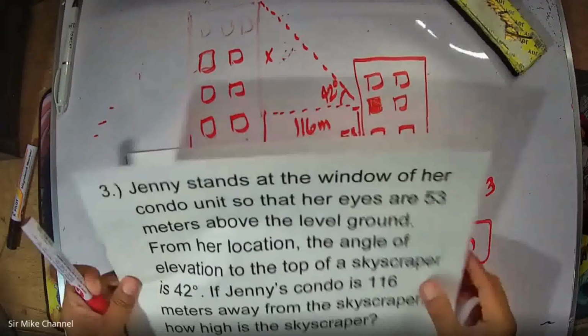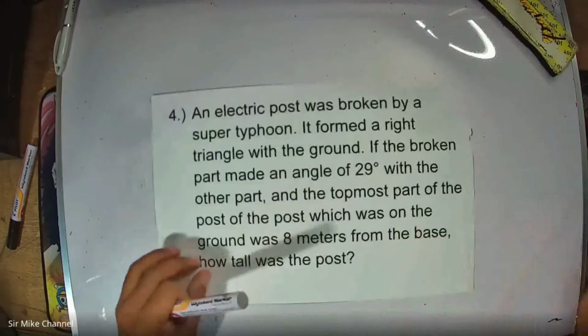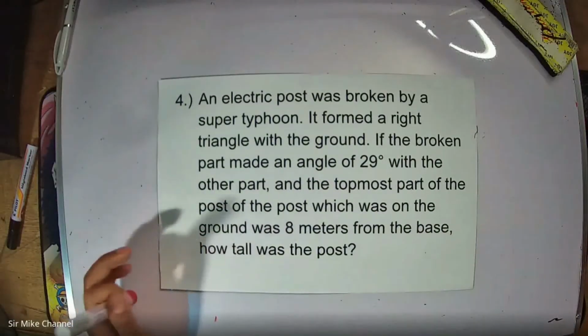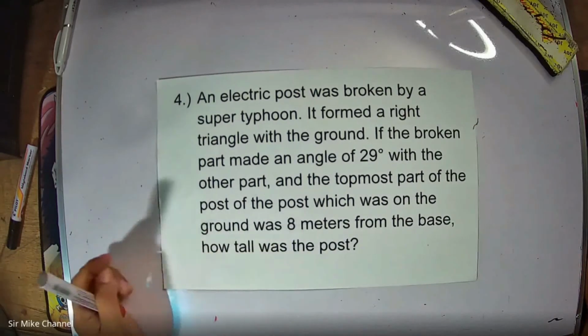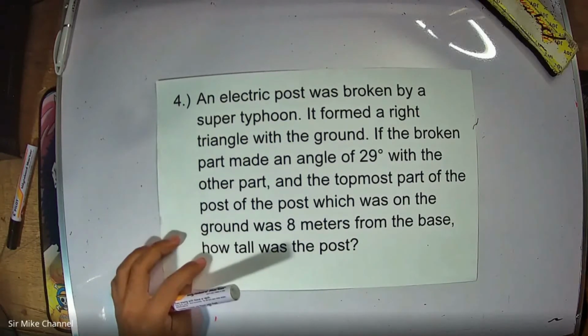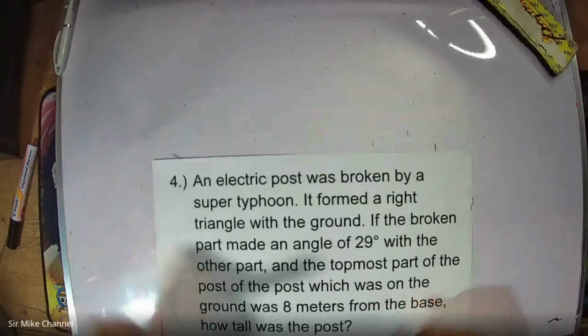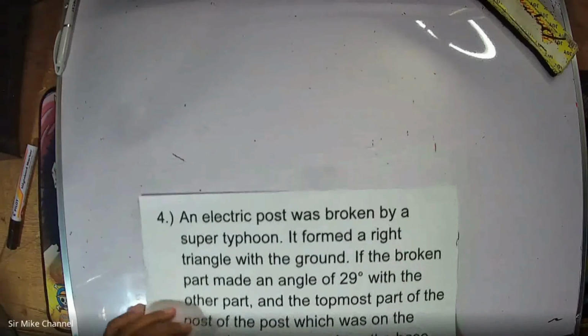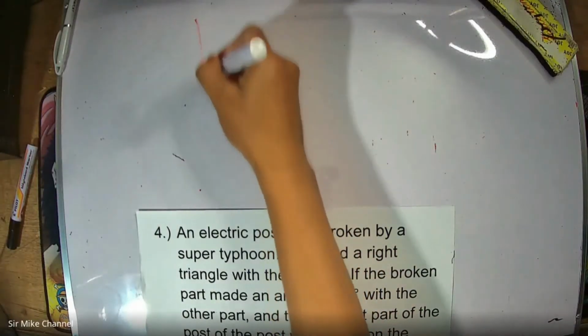Next, okay, last example, number 4. Okay, number 4 natin, the electric post was broken by a super typhoon. It formed a right triangle. So magkakaroon tayo ng electric post. So let's say ito yung electric post.